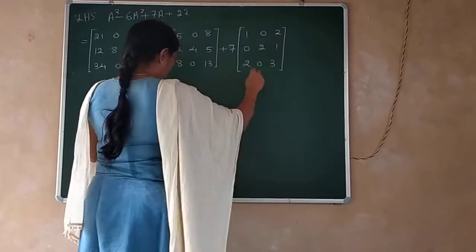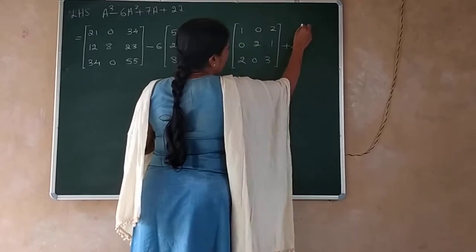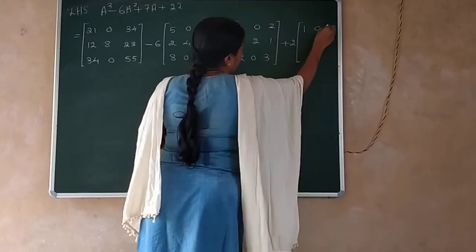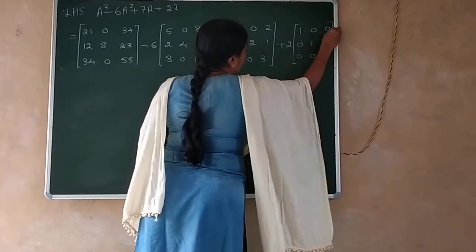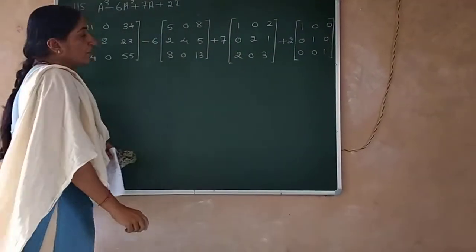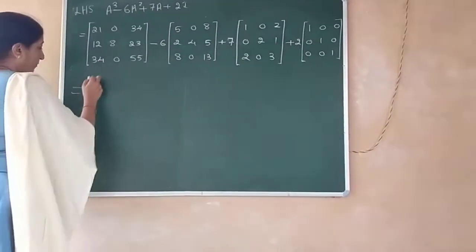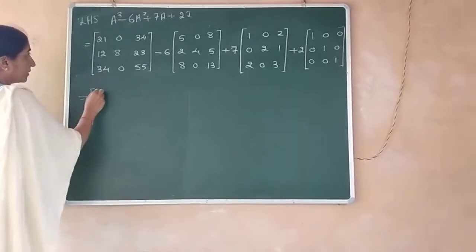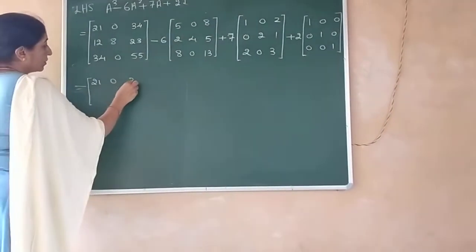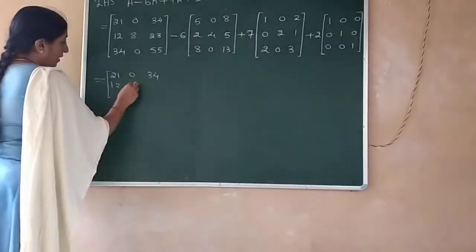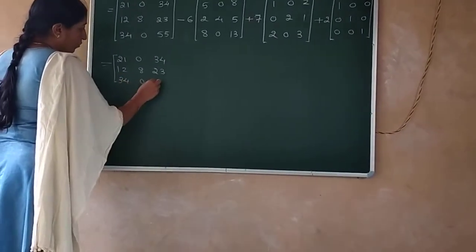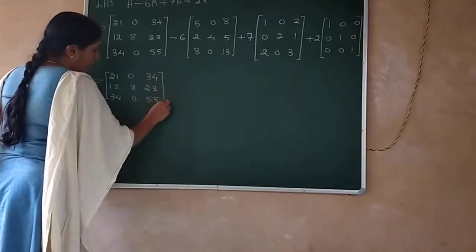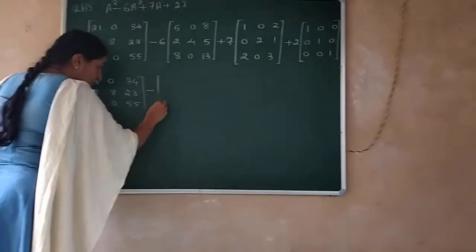Then plus 2. What is I? I is the identity matrix. Here we have to take order 3 because the remaining matrices are of order 3. So after that I kept as it is.